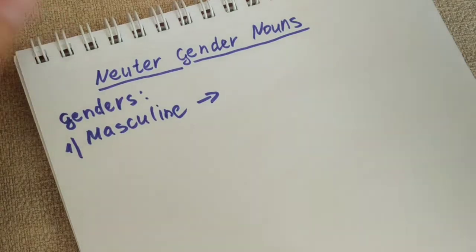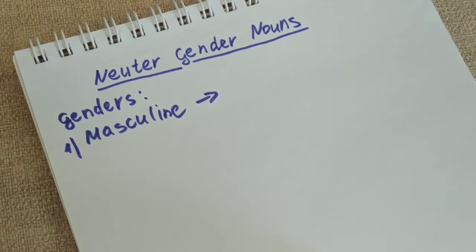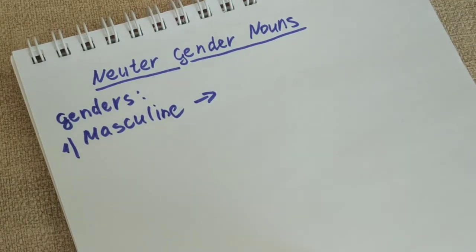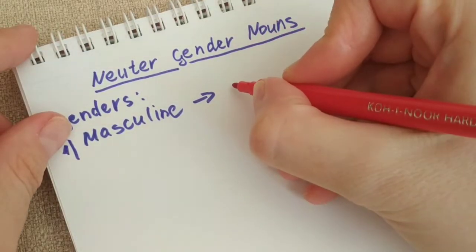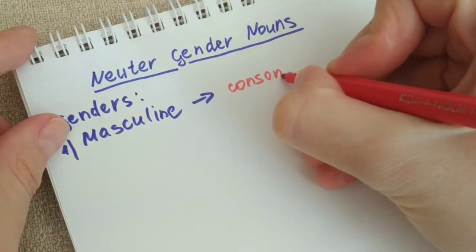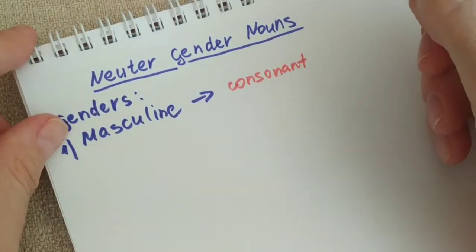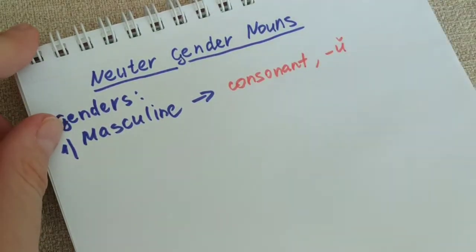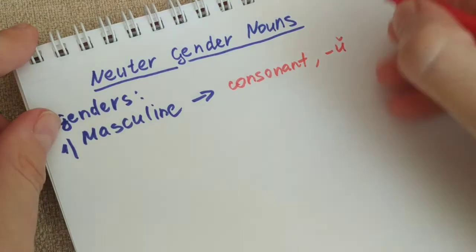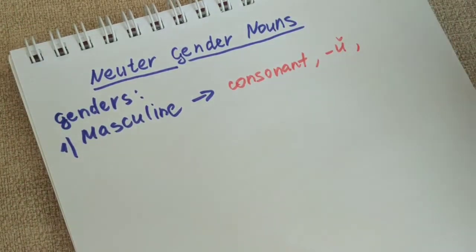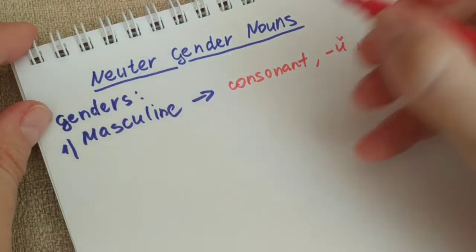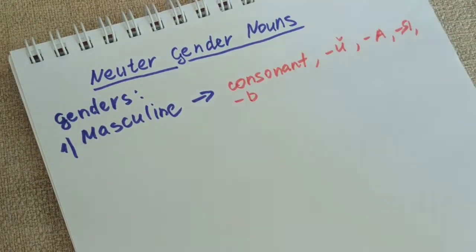You know that we basically pay attention to the ending of the word, and the nouns in the masculine gender end either in a consonant or in the sound I, a vowel I. And there are also some exceptions when the nouns belonging to the masculine gender end in a, ya, and in the soft sign. Those are the exceptions.